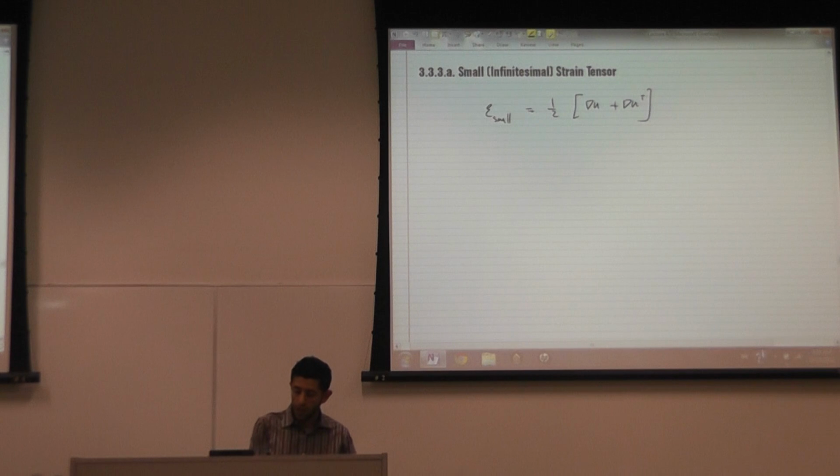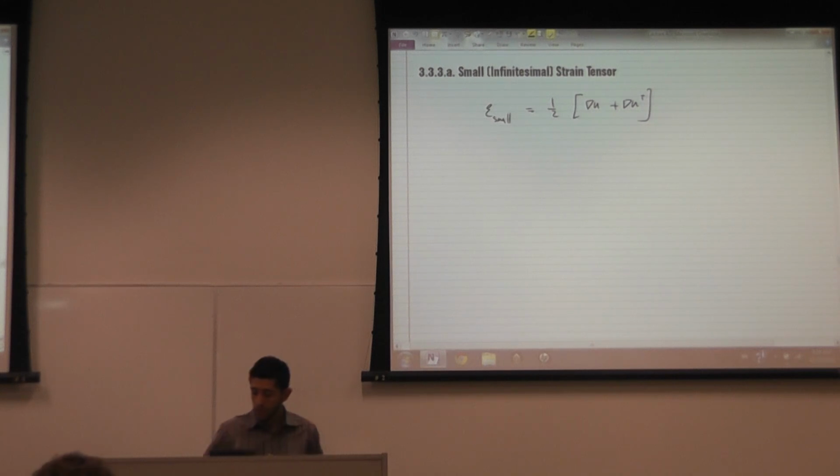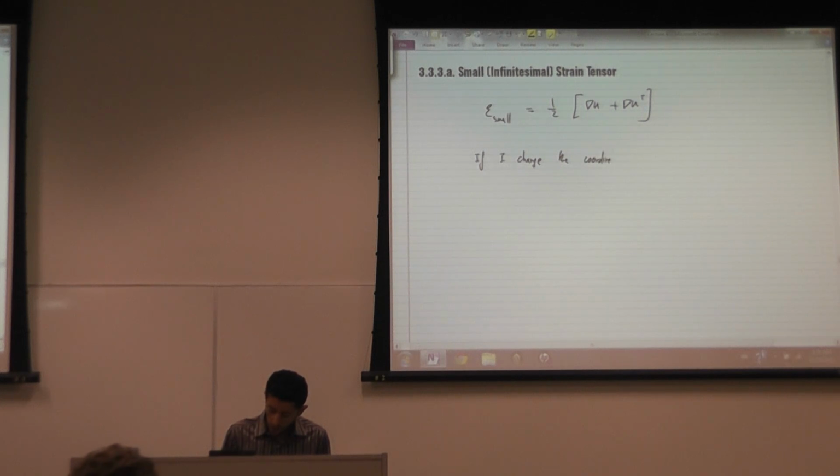Now the first thing is this matrix. If I change the coordinate system, it abides by the rule that in the new coordinate system, E prime is equal to Q E Q transpose.